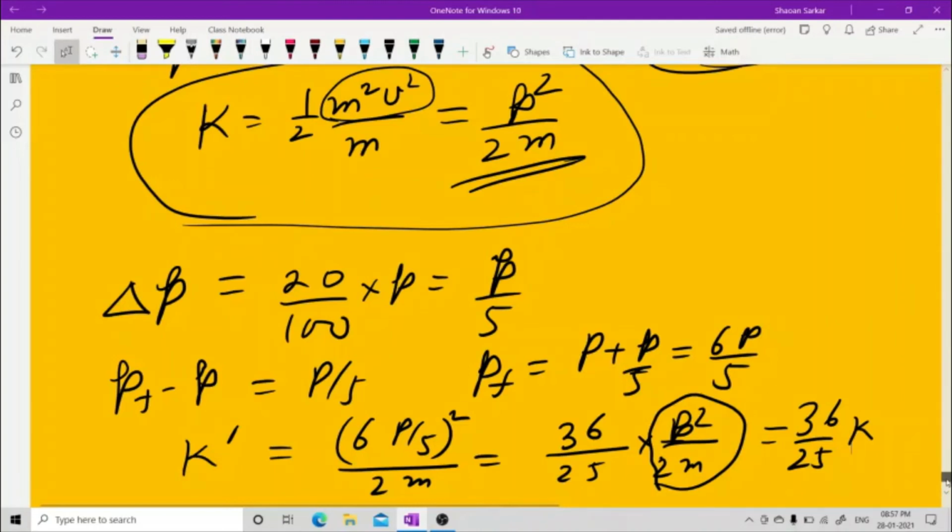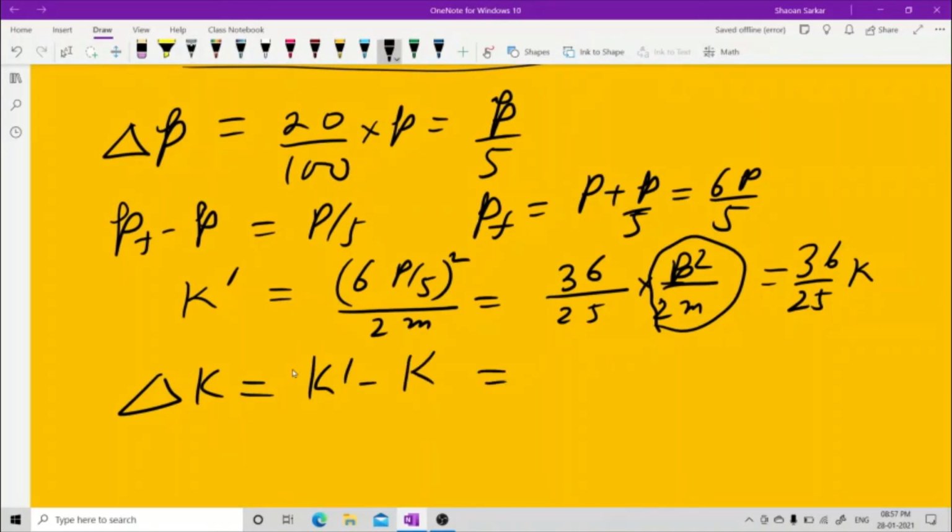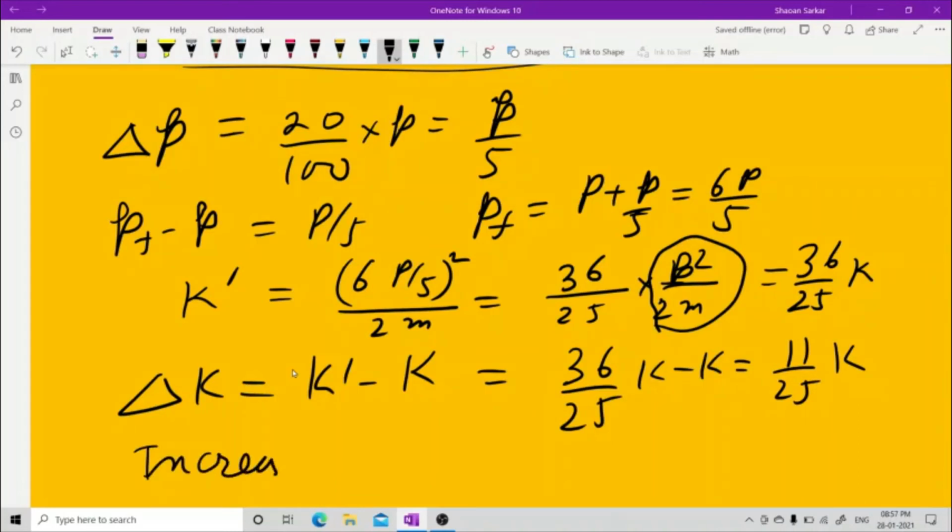So now how much is the increase in k? Delta k is k dash minus k, that is 36 by 25 k minus k. Take the LCM, and this will be 11 by 25 k. So the percentage increase is delta k by original k into 100.